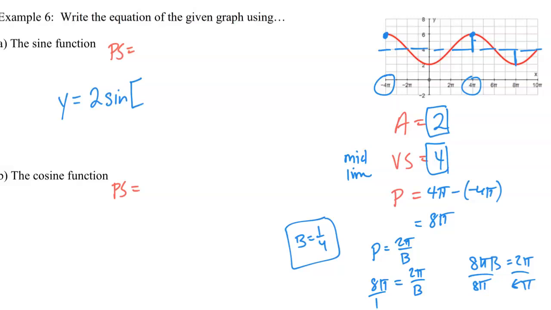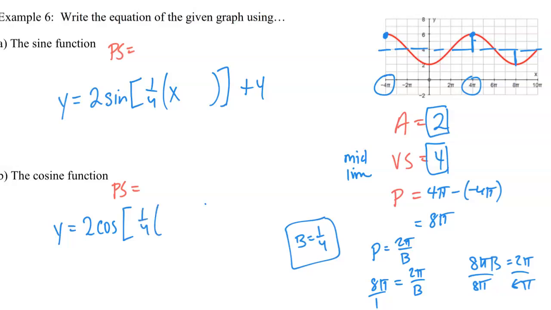I'm going to go ahead and put my b, which is 1/4, x, and then on the inside of that, my phase shift, which I haven't gotten to yet, and then at the end, my vertical shift of plus 4. And my cosine graph is going to be exactly the same as that, except instead of writing sine, I'm obviously going to write cosine.